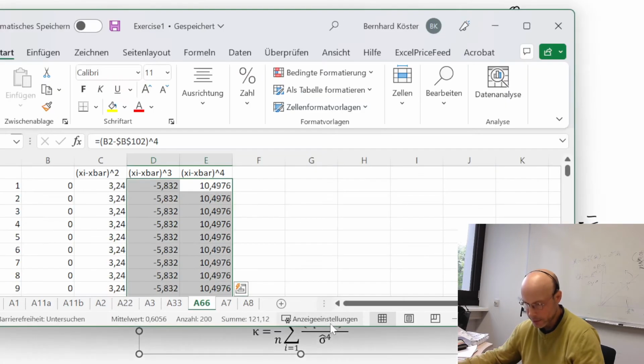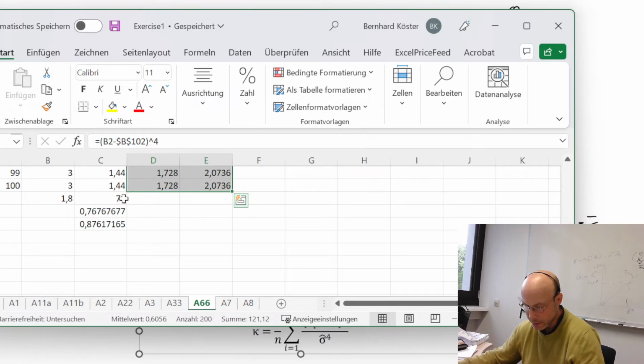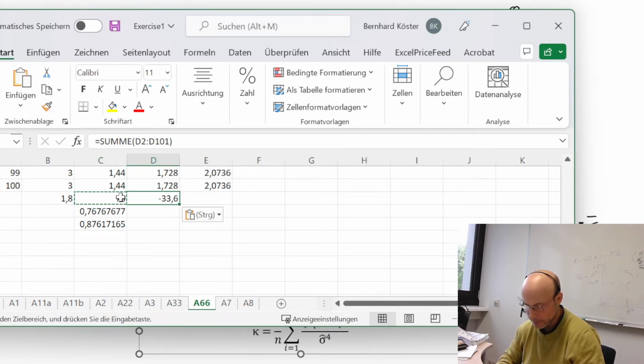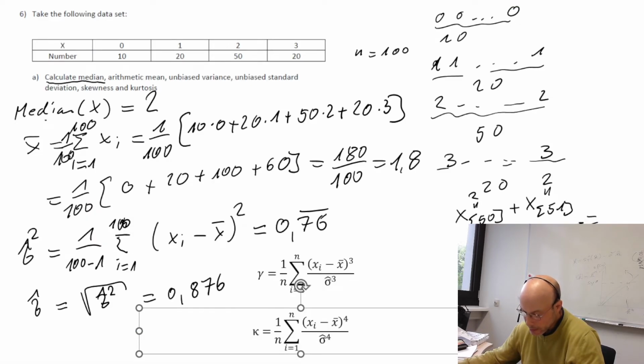So we first again sum up all our numbers. And now for the skewness, we have to divide by standard deviation up to the power of 3 times the size of our sample, 100, and here to the power of 4 times the size of our sample.